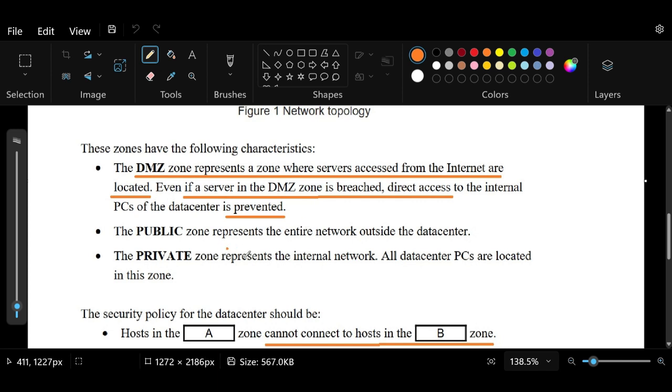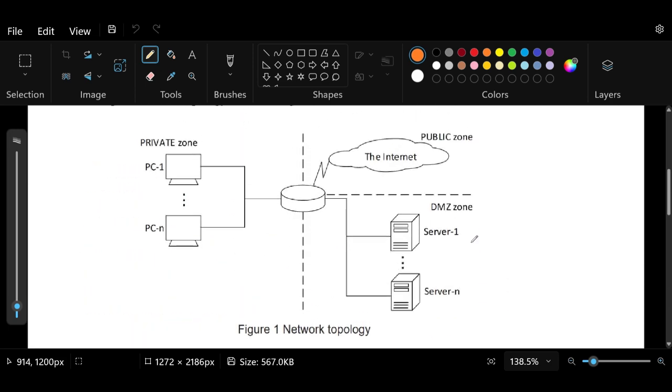The public zone represents the entire network outside the data center, and the private zone represents the internal network. All data center PCs are located in this zone. Okay, so we got three zones: private, public, and DMZ zones.